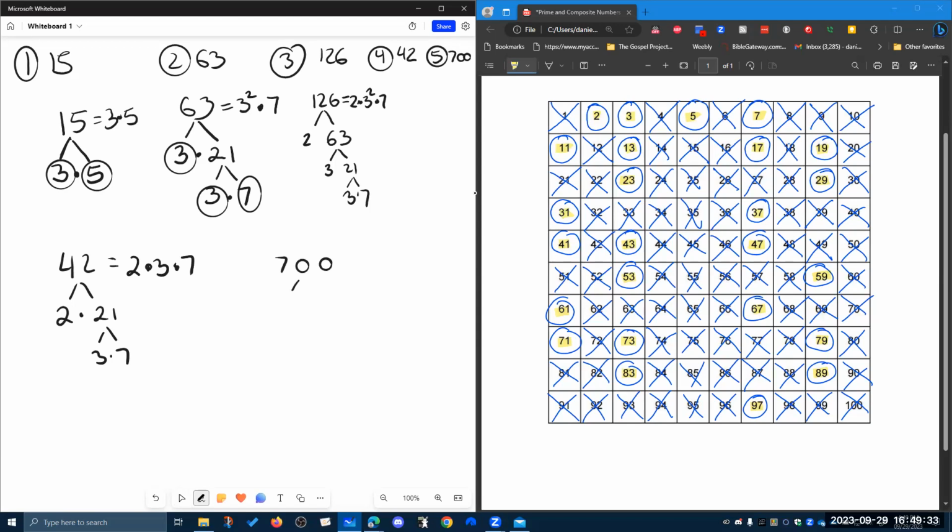700 is going to be 7 times 100. And then 100 breaks down into 10 times 10. And each of those 10s is 2 times 5. And these are prime numbers.